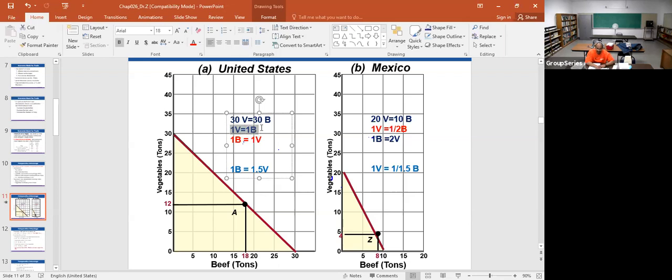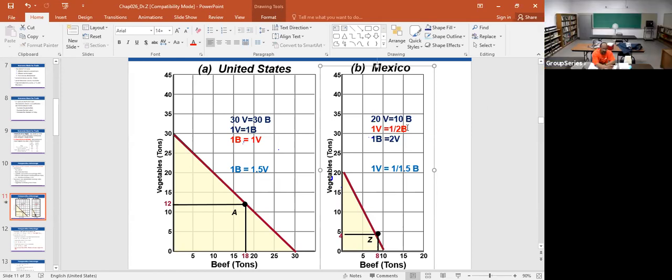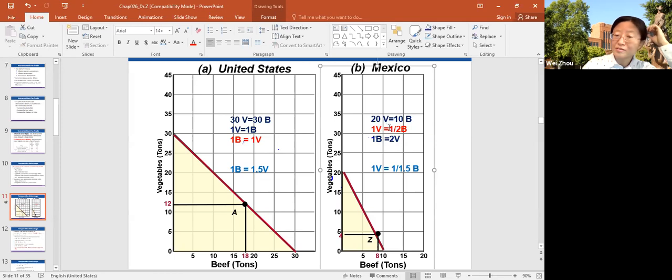If you look at that, it costs US 1 beef to make 1 vegetable, but it costs Mexico only half a beef to make a vegetable, okay? So Mexico to produce a vegetable has a lower opportunity cost, right? Right. Okay, so Mexico's opportunity cost to produce a vegetable is only half of beef, so it's lower.